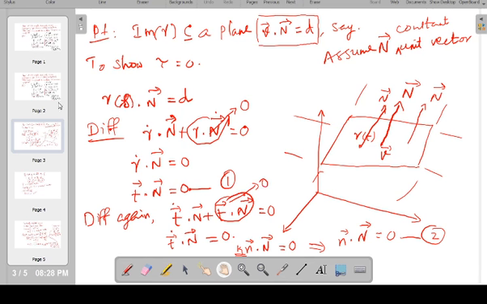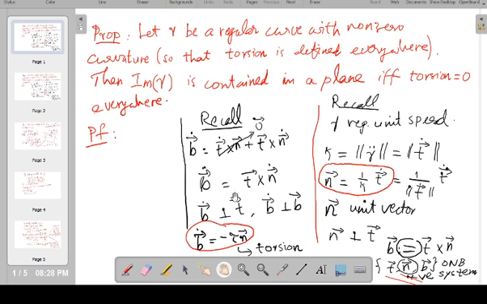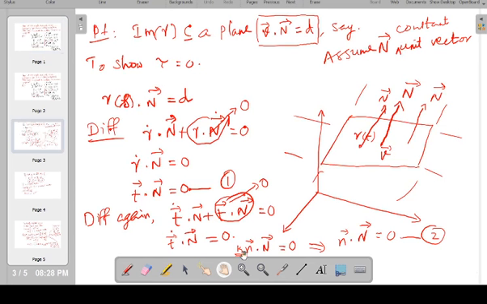But what is t dot? It is kappa n. T dot is kappa n. So kappa times small n, the normal vector, inner product with capital N equal to 0, but kappa is non-zero.